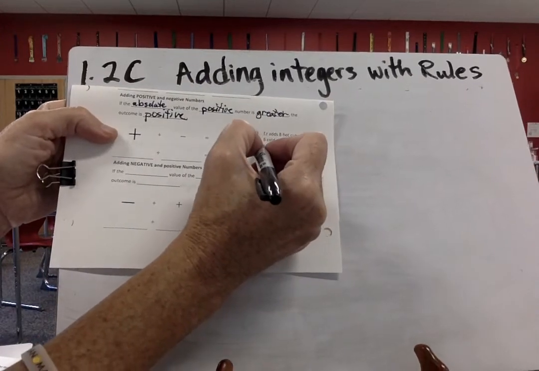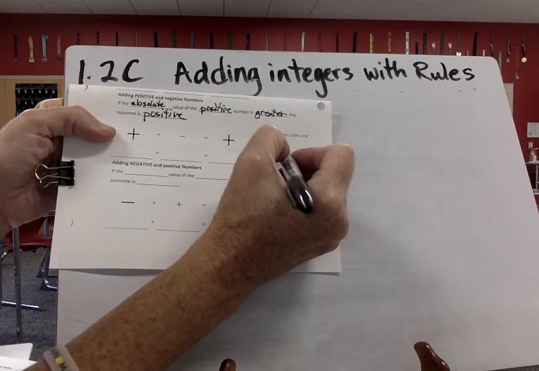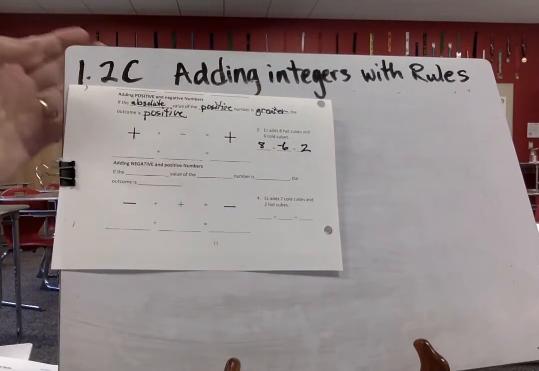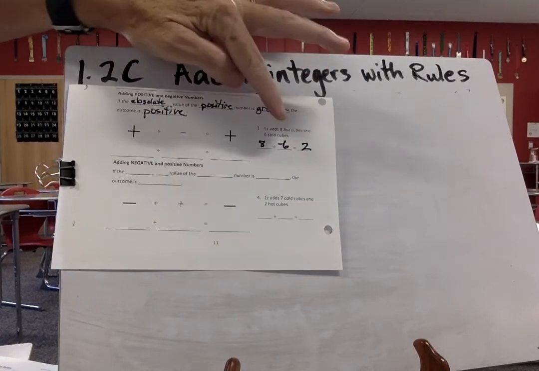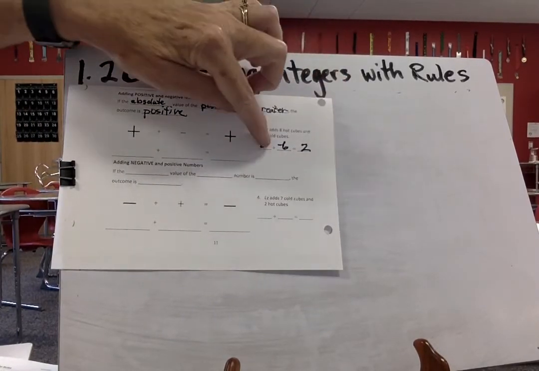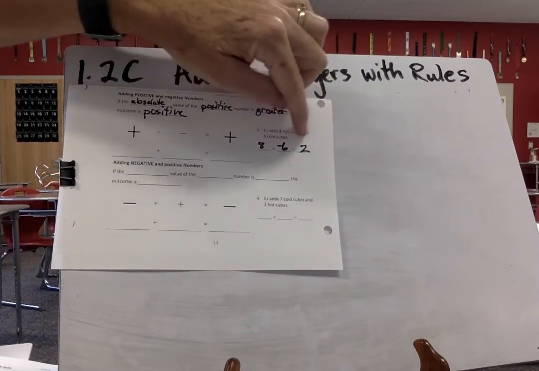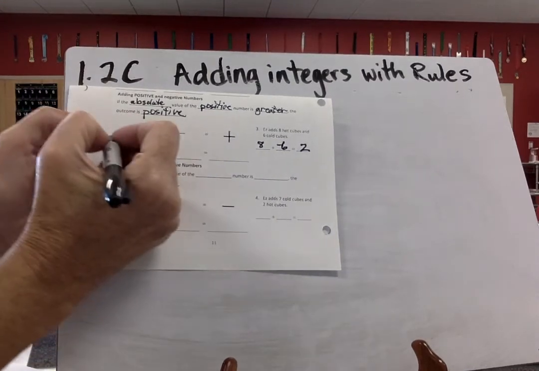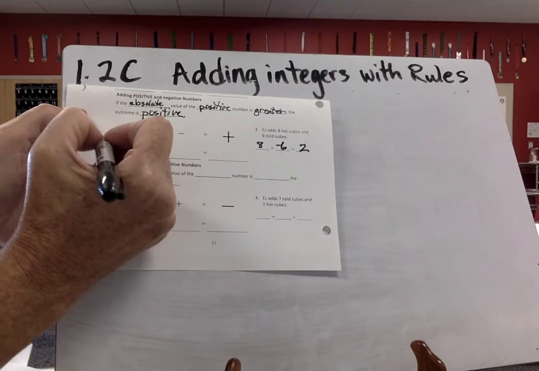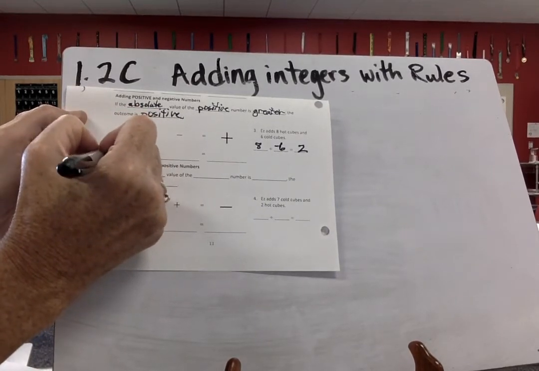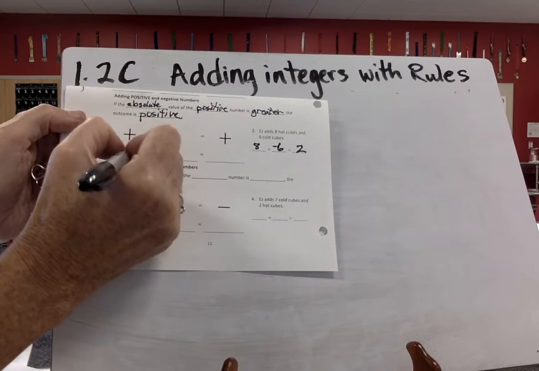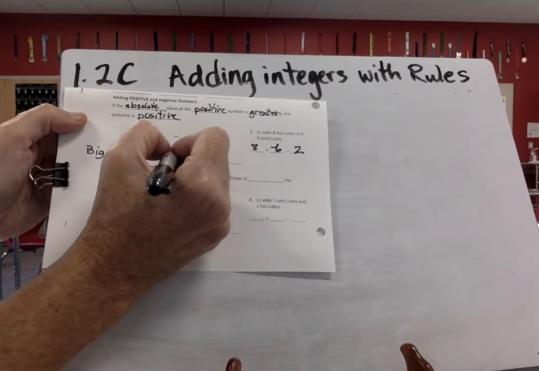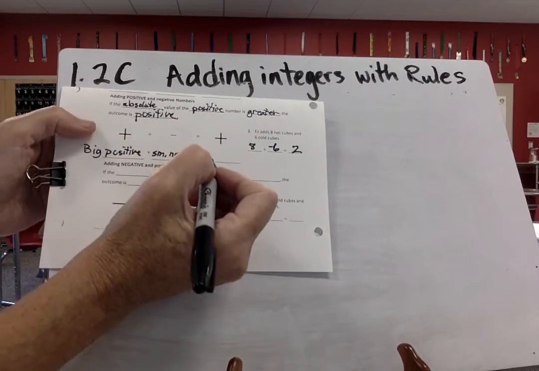Ez adds 8 hot cubes and 6 cold cubes, and your answer would be positive because this absolute value is 8, this absolute value is 6. So the positive absolute value is greater, so your answer is going to be positive. So we're going to go with big positive plus small negative equals positive.